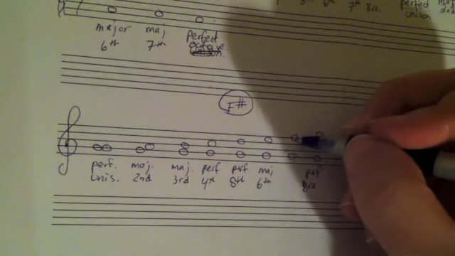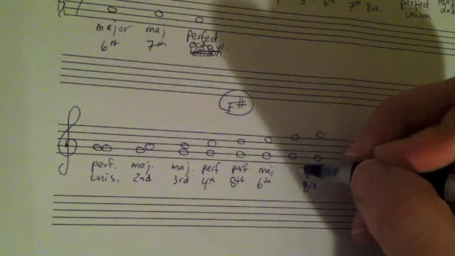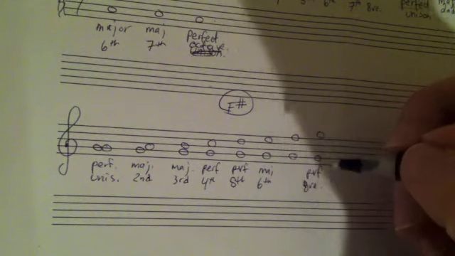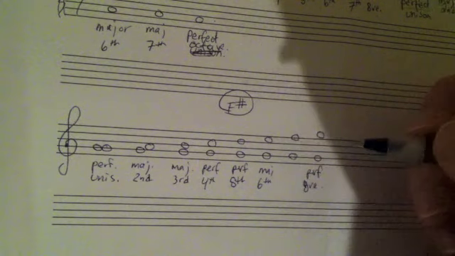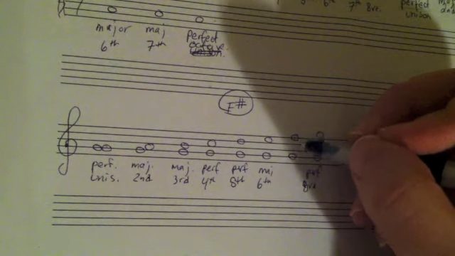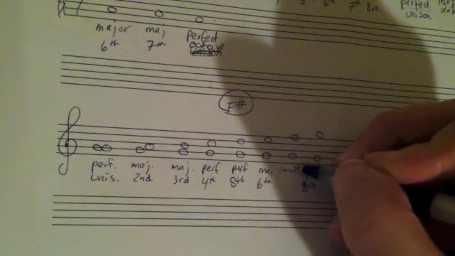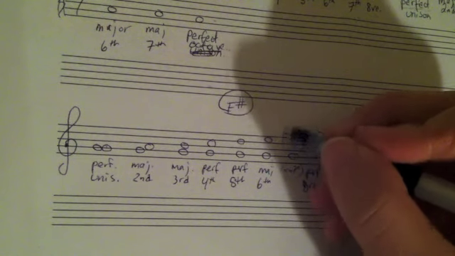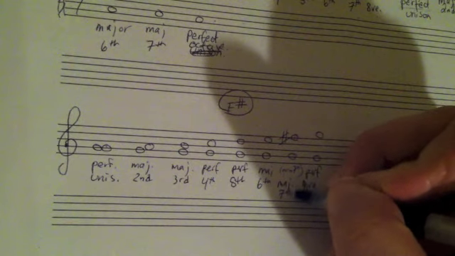Okay, G to F. G to F natural. Now, we know in G major, there has to be an F sharp. But if we didn't have a sharp, this would be a minor seventh. And if we put the F sharp in, then it's a major seventh.